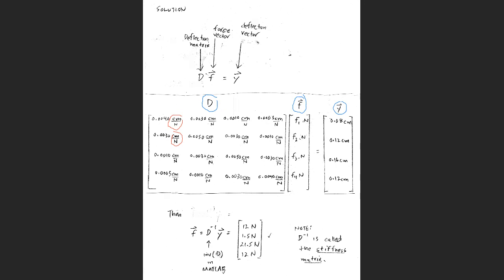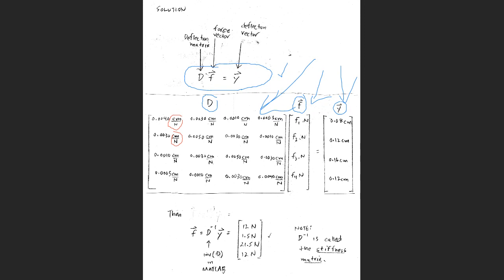Does it make sense that if you take the deflection matrix D and multiply it by the force vector F, that will give you the deflection vector? Does that make sense based on the units that you see in the matrix D and the vectors F and Y? Okay, good, Nafani. Think about it for a moment.